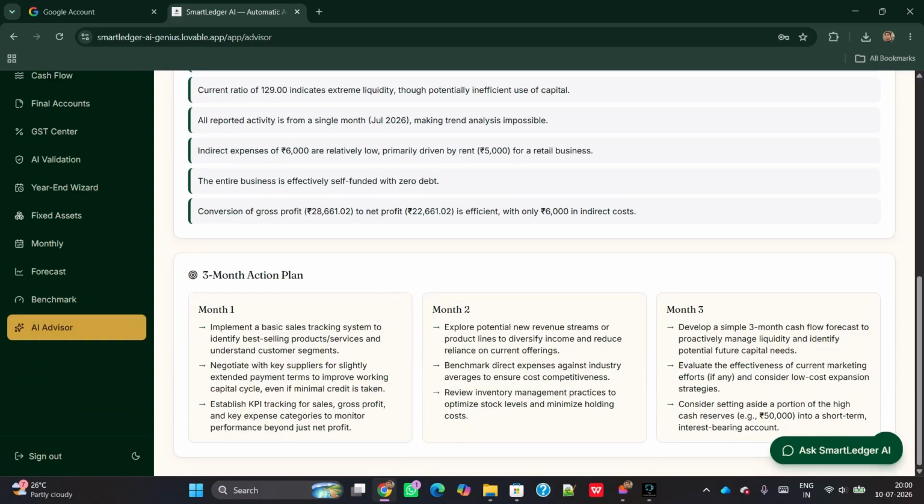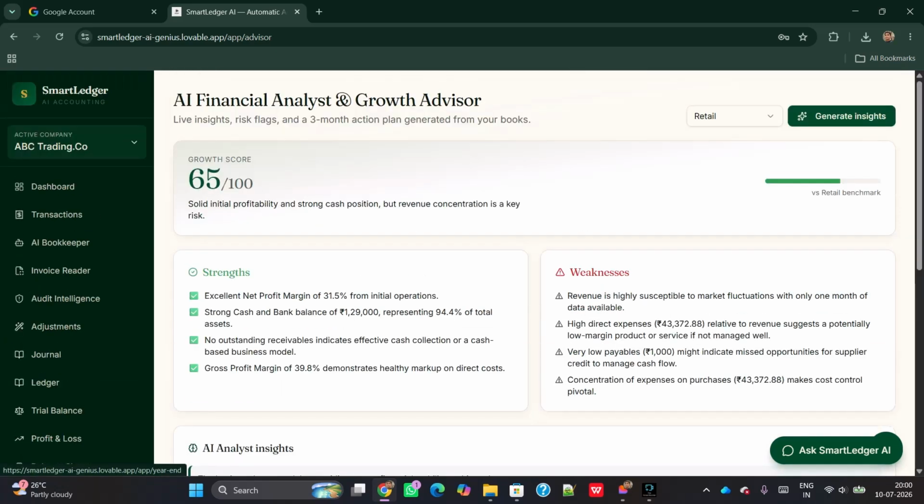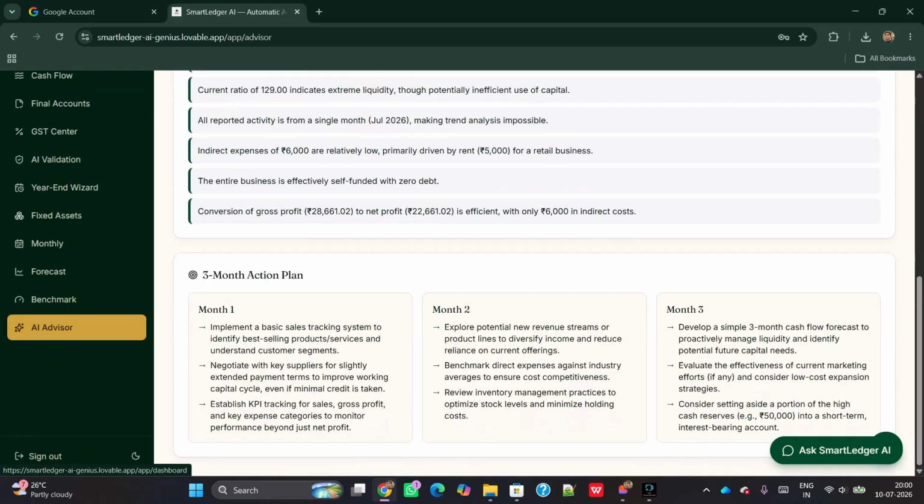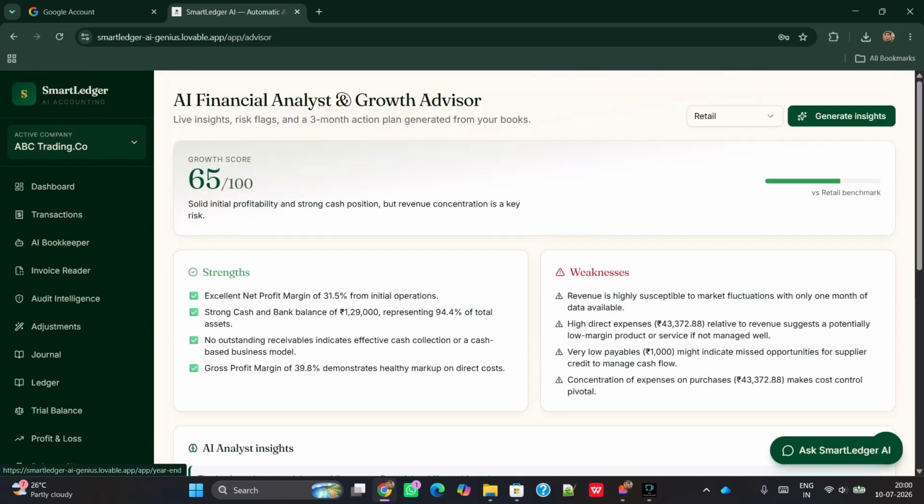It also provides an action plan for the first month, second month, third month in order to improve the efficiency. So these all were the features which were provided by the Smart Ledger AI to the user, which would help them to conduct their accounting in a more efficient way.